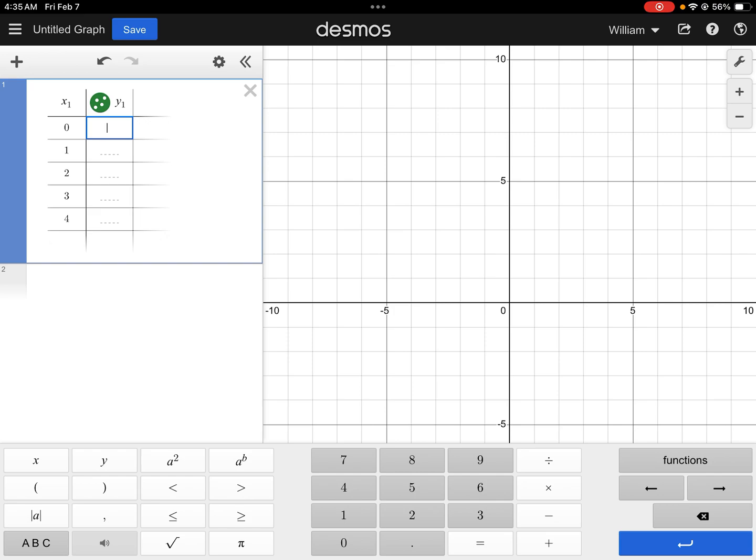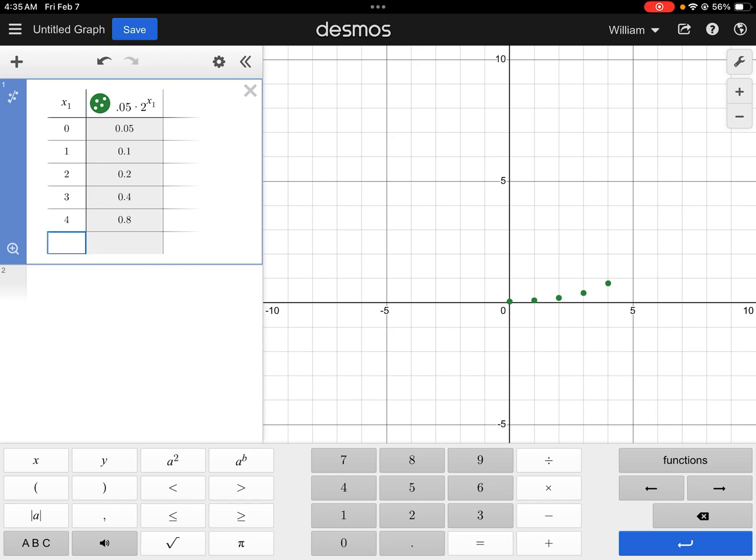And then instead of writing y1, I think I'm going to type in my equation. So I'm going to say 0.05 times 2 to the x1 power. And there we go. Got it. Notice if I add more numbers on here, it's easier to see.